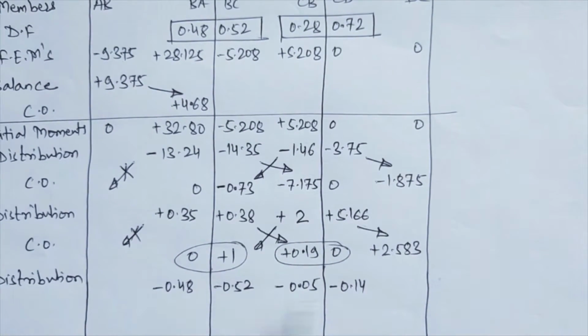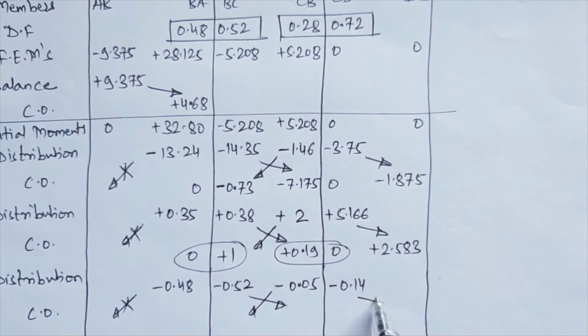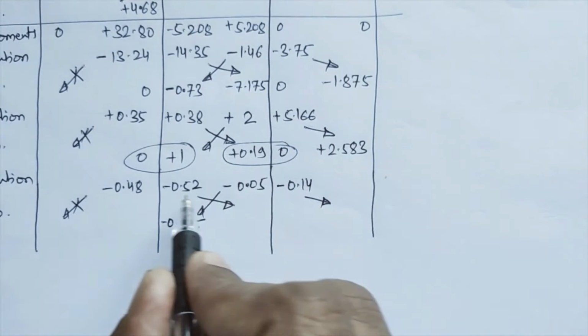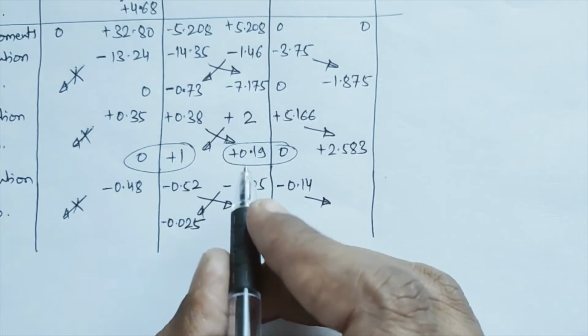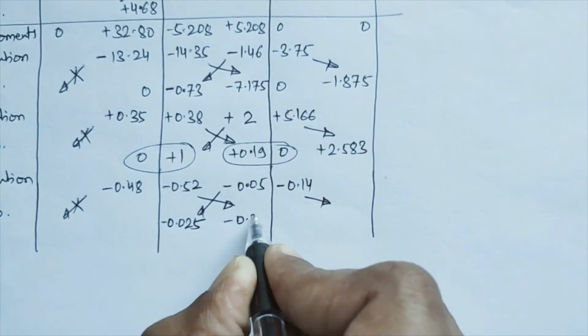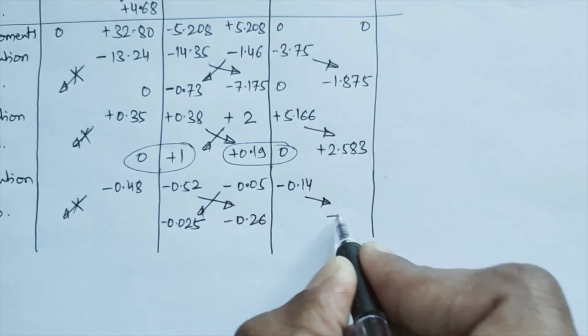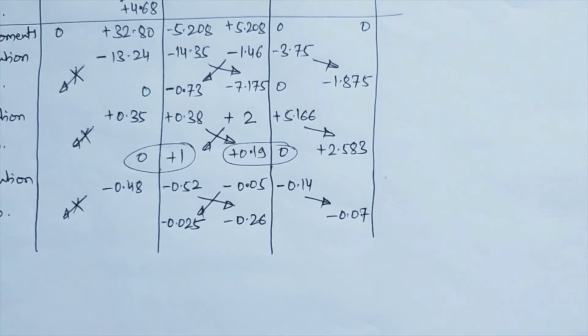Now again, answers I am not getting, almost in 0.0 something. So one more cycle I will repeat, that is the carry over. This carry over is not possible, these two are possible, and this is also possible. So half of 0.05 I get as minus 0.025. Next, half of 0.52 I get as minus 0.26, and half of 0.14 I get as minus 0.07.